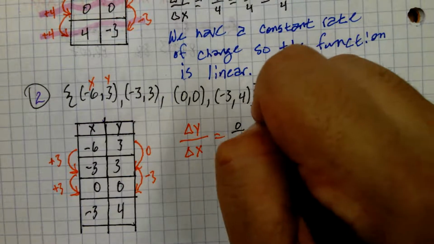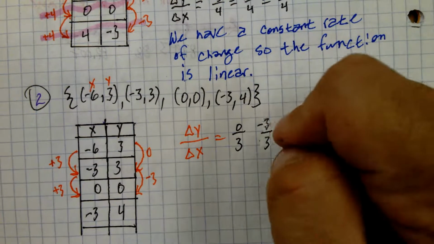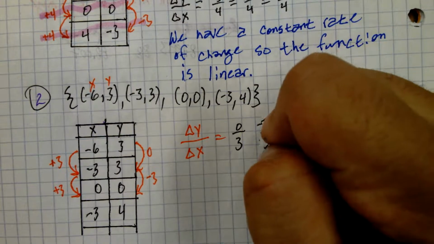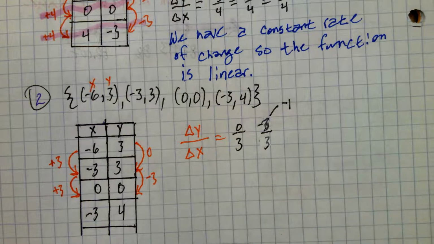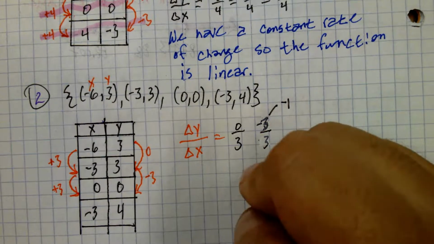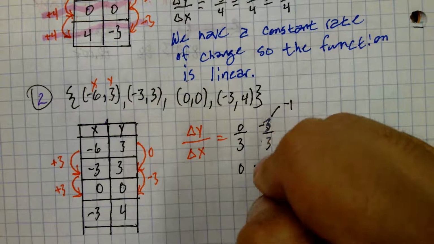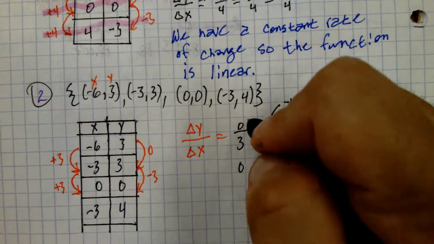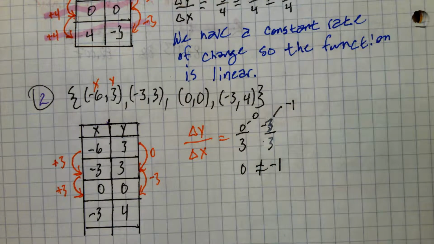Negative 3 over 3. What I was doing in my head is I was reducing this. Isn't negative 3 over 3 just negative 1? Which is not 0. So I have an issue. This is equal to 0, which is not equal to negative 1. This is going to give me 0. This is going to give me negative 1. They're not constant. They're not equal.